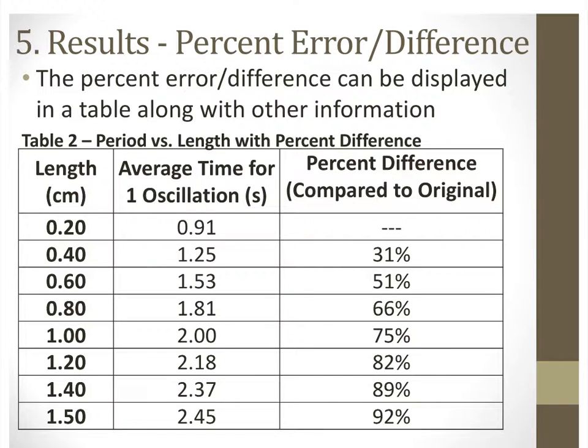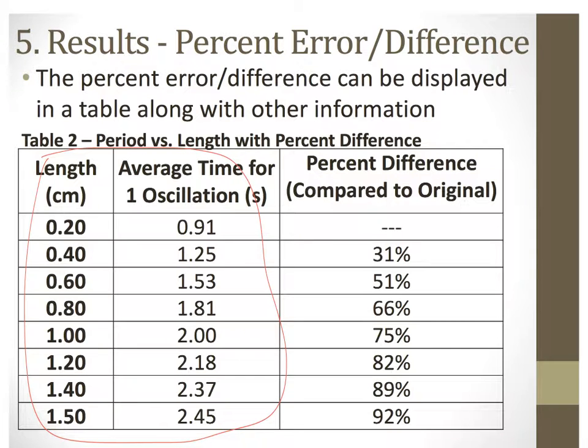A lot of times with percent error, percent difference, we'll put it in a chart along with something else, right? So maybe we have a condensed form like we do here of our results, okay? Just simplified down to really the key pieces of information. And then we have our column here showing the percent difference. What I do that I think is a nice technique for percent difference especially is compare it back to the original, your initial value.